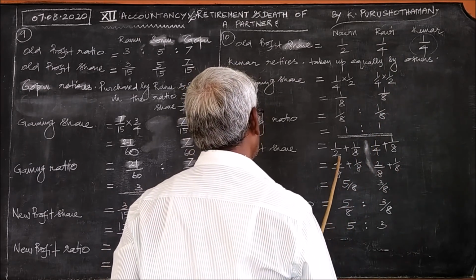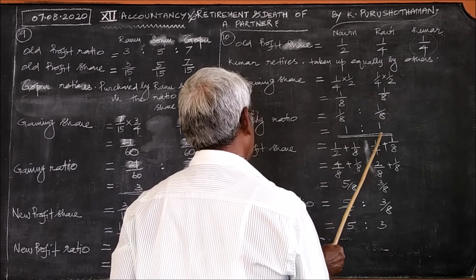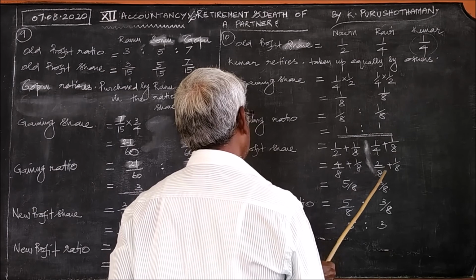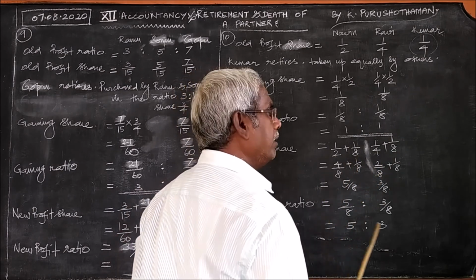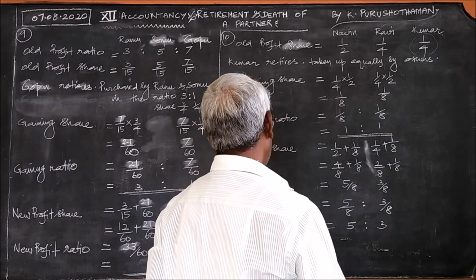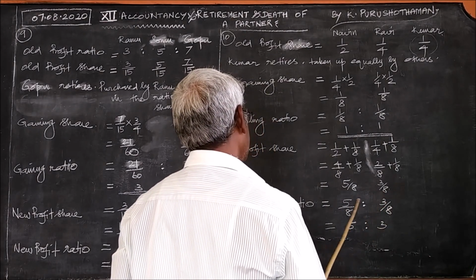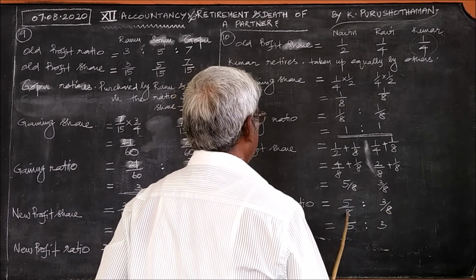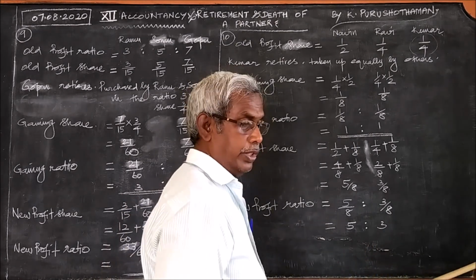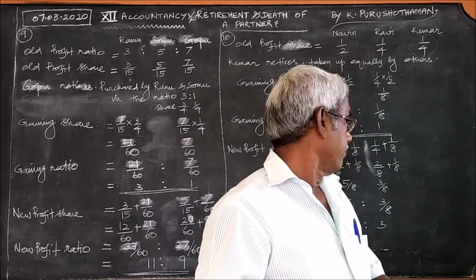Now you simplify, 4 2s are 8, 4 1s are 4, 4 by 8 plus 1 by 8. 2 4s are 8, 2 1s are 2. That is 5 by 8, 3 by 8. Then the new profit ratio is 5 by 8 is to 3 by 8. Since the denominators are equal, they are cancelled, 5 is to 3. This is the new profit ratio.